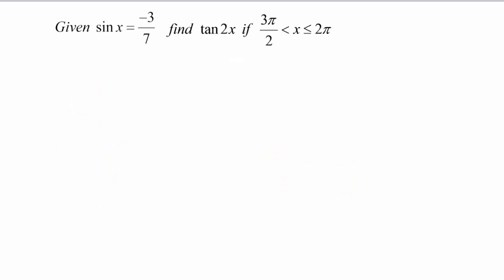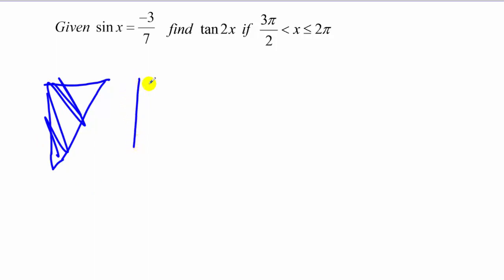Another triangle problem, because I know that negative 3/7 says this triangle is going to be in the fourth quadrant, once again. So let's go ahead and draw that fourth quadrant triangle. I have the sine given to me of 3/7.